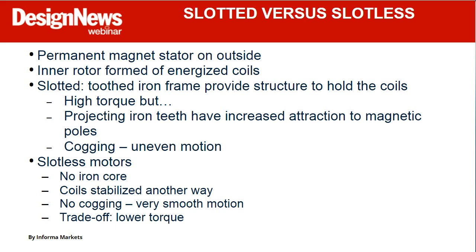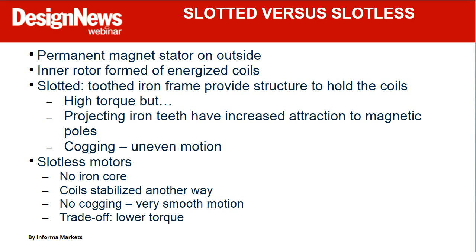The problem is that the projecting iron teeth are going to be closer to the stator poles, and every time they go past one of the poles, there's going to be a little bit of an attraction increase. What that gives you is kind of a sawtooth shape on top of your motion, and this is cogging.